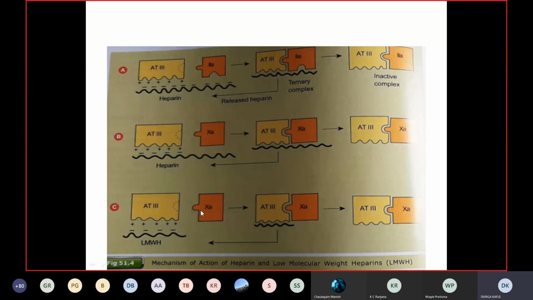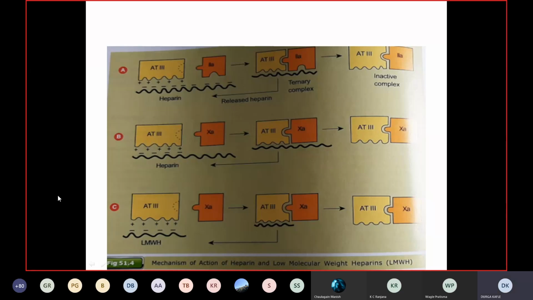So this is the difference between low molecular weight heparin and unfractionated heparin. Unfractionated heparin inhibits both activated factor 2 and activated factor 10, but low molecular weight heparin inactivates factor 10A only, not 2A. The reason you know. Again, heparin will release from the complex and bind to a new antithrombin 3.